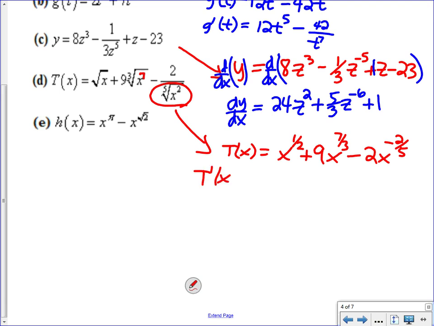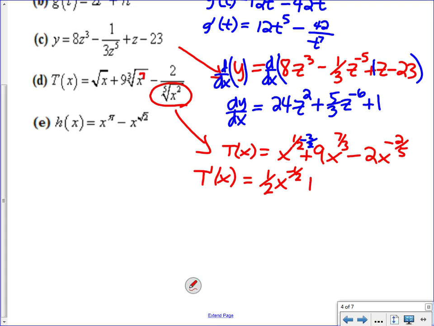So t prime of x would equal, we're going to bring the 1/2 down, so that would be 1/2 x. Okay, we're going to subtract 1, okay? But you need a common denominator, so you really subtract 2 over 2. So 1 minus 2 gives you negative 1 over 2, or you get x to the negative 1/2.